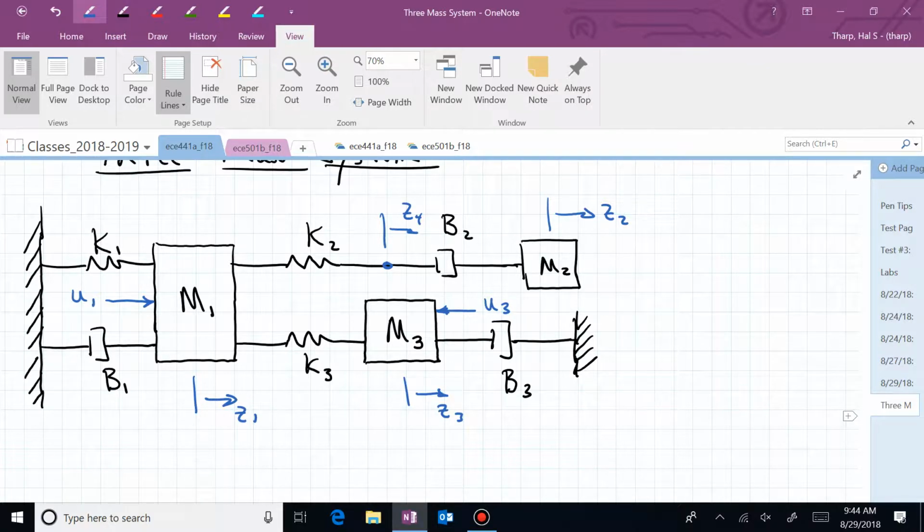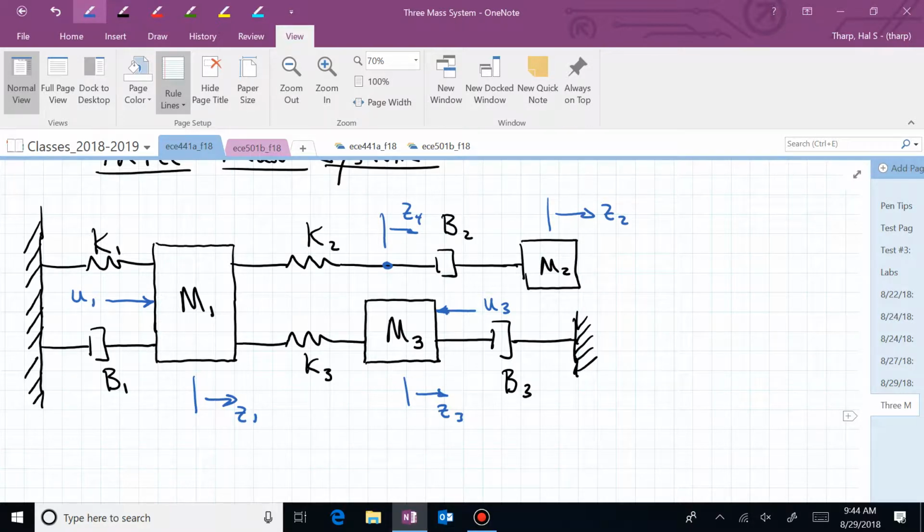If I move that point labeled z sub 4 to the right, what forces do I need to draw that will oppose that movement? How many forces do I have? 2, one due to the dash pot, b sub 2, another one due to the spring, k sub 2.